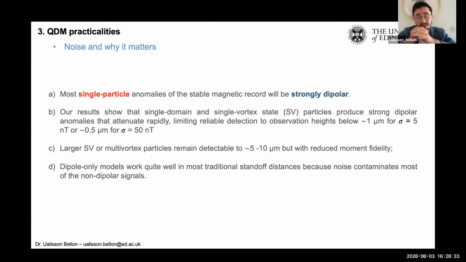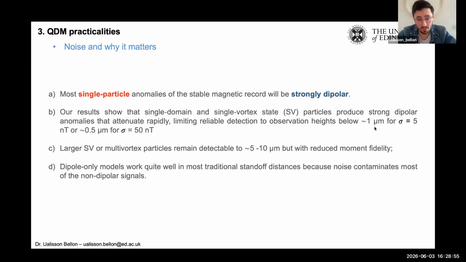The other thing is that small single vortex and single domain particles tend to be attenuated very rapidly. So the reliable observation heights should be very, very close to the sample for small intensity of noises. But if the noise increases just a bit, it can be even worse.